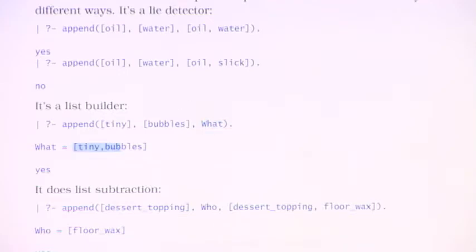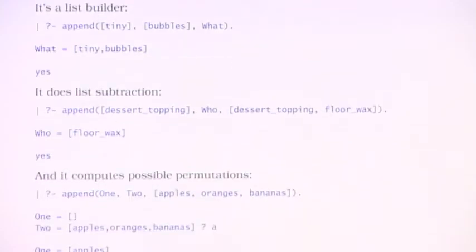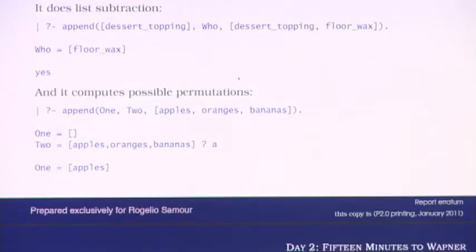And it returns that it's tiny bubbles. If you append dessert topping to something, it should result in dessert topping, comma, floor wax. That something has to be the array of floor wax. So it infers all these values based on what it knows about appending things.